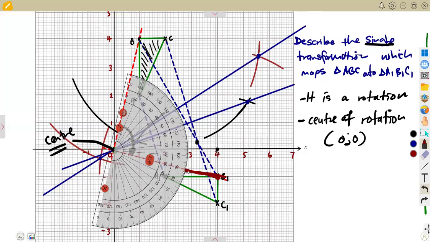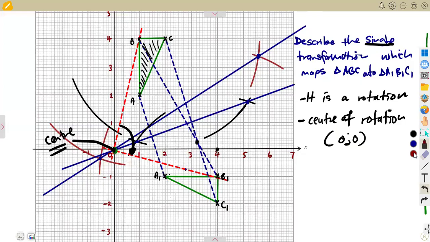It is corresponding to 90 degrees. So this line must be from B to the center. So you now take it from B1. B1 corresponds with 90 degrees. So it means this angle is 90 degrees.